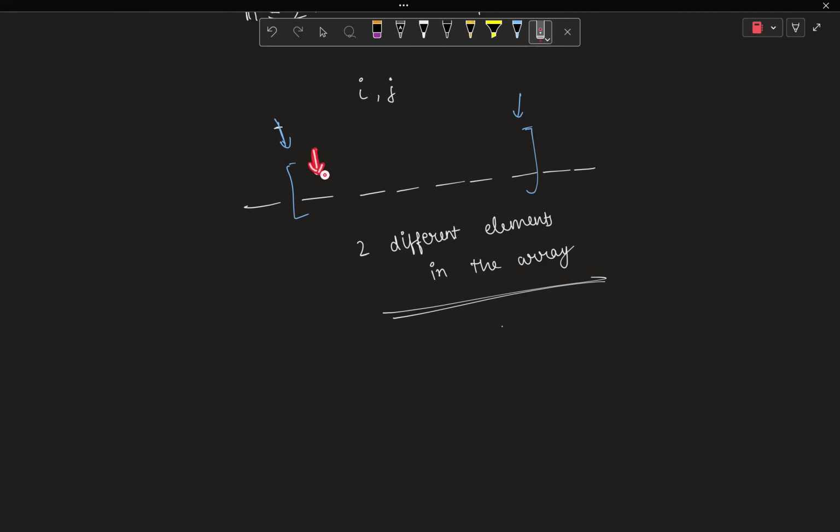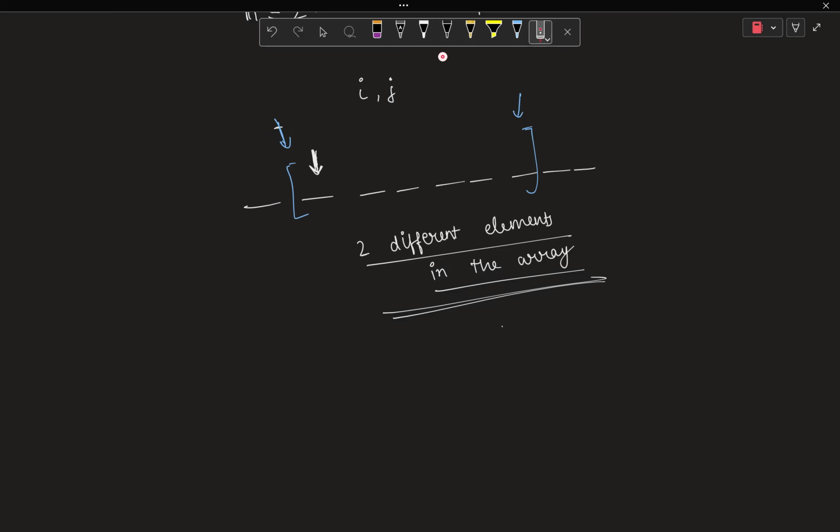Try to think of any case where there is no element different from the first element in the whole range, and there are at least two different elements. Is it ever possible? My claim here is, if there are at least two different elements in the array, then from the perspective of the first element, there will be at least one different element in this range, at least one element not equal to the first element.